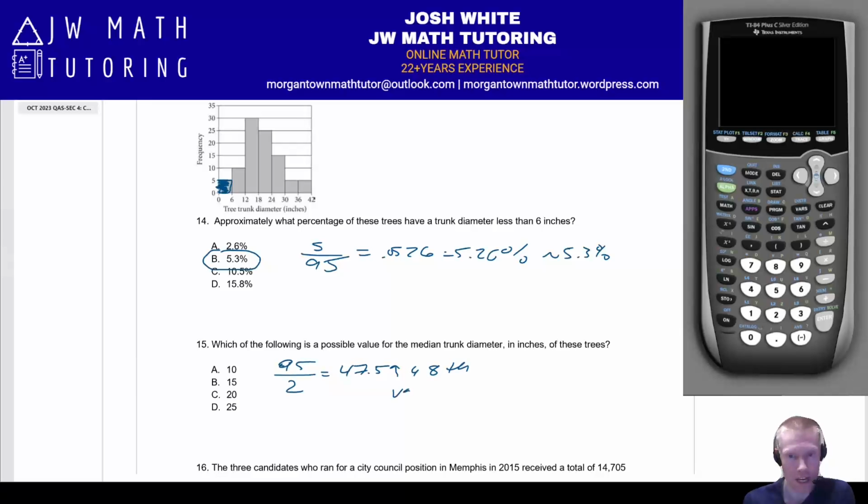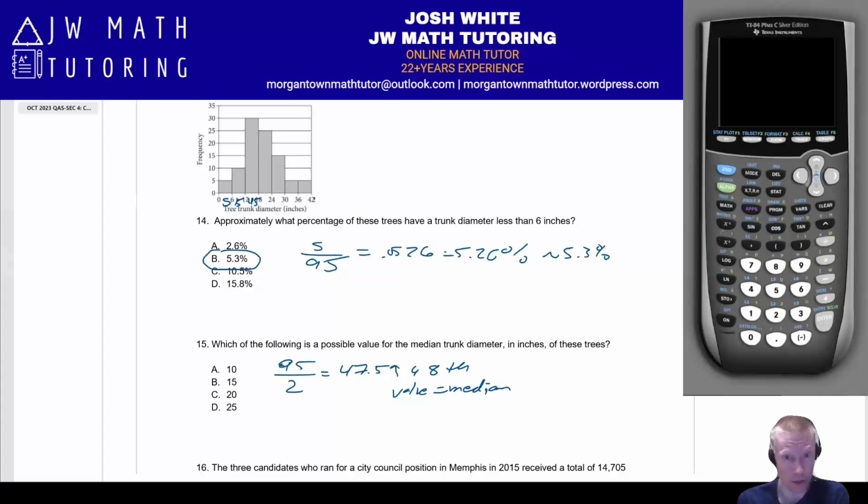That means the 48th value is where the median value is going to occur. So what we do now is we start at either end and we count until we get to 48 values. So for example, if we count cumulatively, we've got 5 and then we add 10 more for the 6 to 12 bar. So now we're at 15 and then we add 30 more. So in the 12 to 18 bar, we've gone through 45 total tree values.